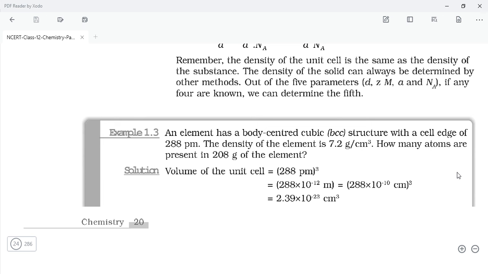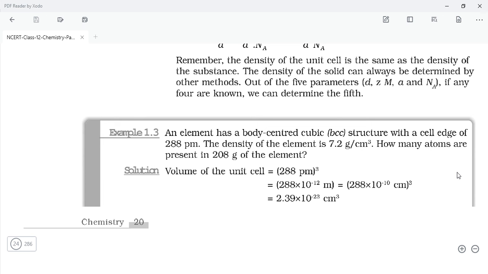An element has a body-centered cubic structure with a cell edge of 288 picometers. The density of the element is 7.2 gram per centimeter cube. How many atoms are present in 208 gram of element?